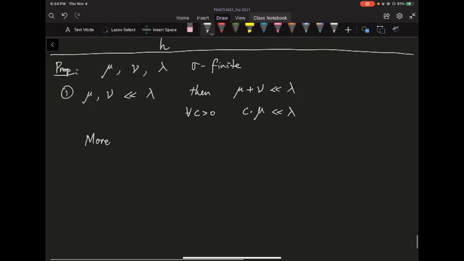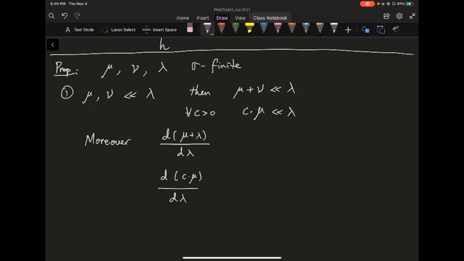Moreover, if I want to talk about their Radon-Nikodym derivatives, because the sum and the scalar multiple are still absolutely continuous with respect to lambda, I can consider the Radon-Nikodym derivative of their sum with respect to lambda, and I can consider the multiple of mu with respect to lambda.